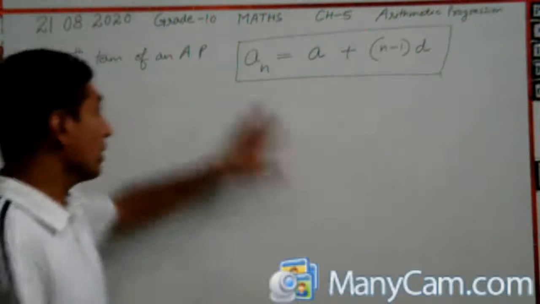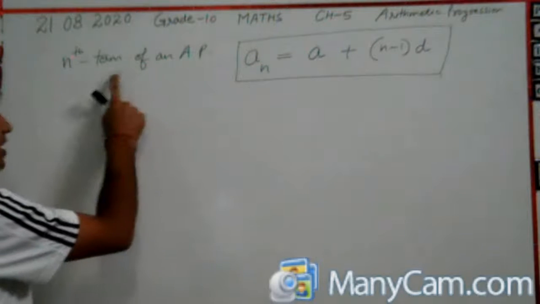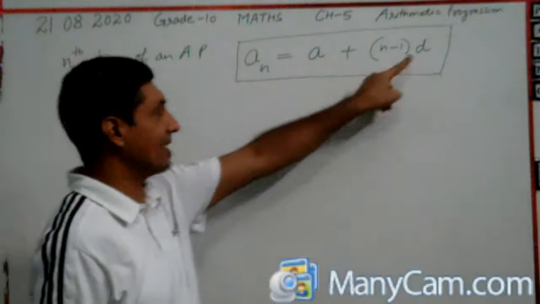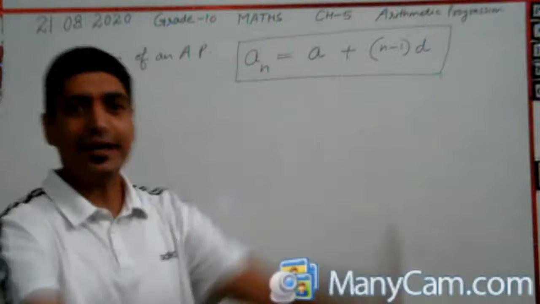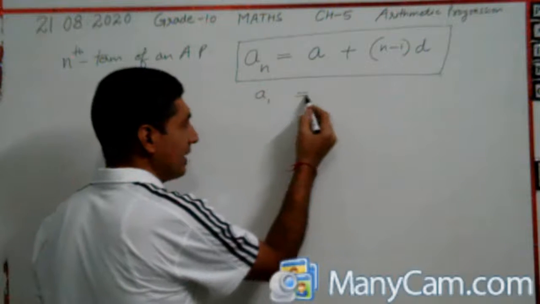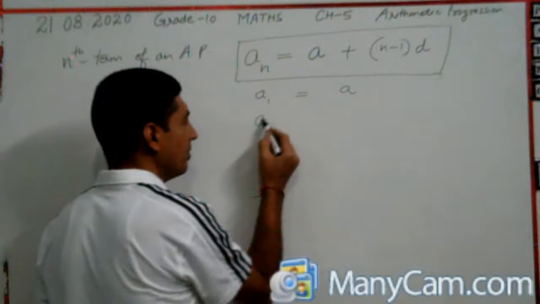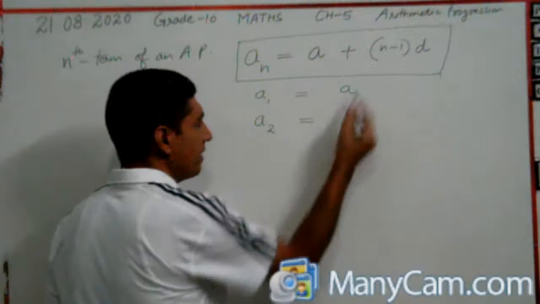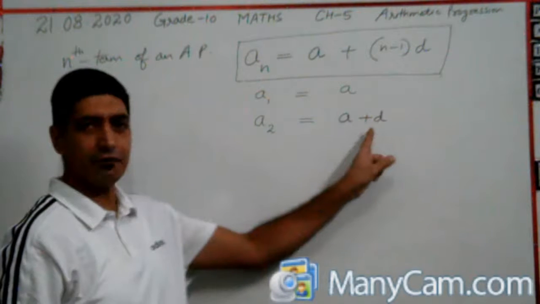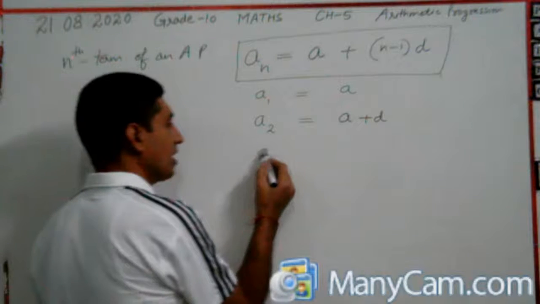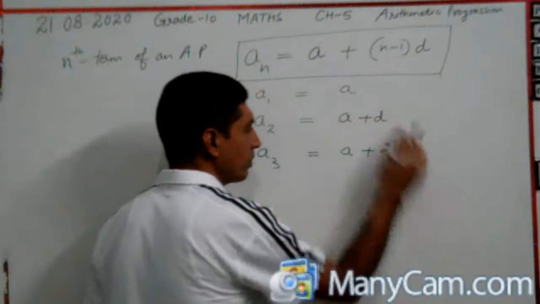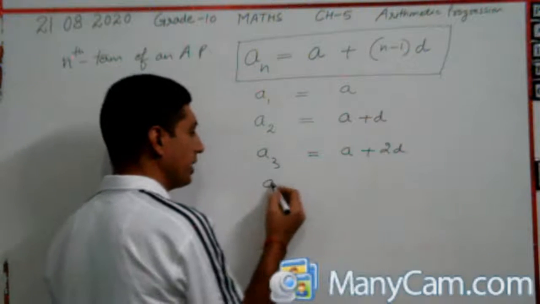So what we have learned: the nth term of an AP, that is a_n is equal to a plus (n minus 1) d. Recapitulating again: the first term of an AP is a. For the second term, we add a fixed number, which is called the common difference. The third term is always one more d, that is 2d. One more d we get in subsequent terms.